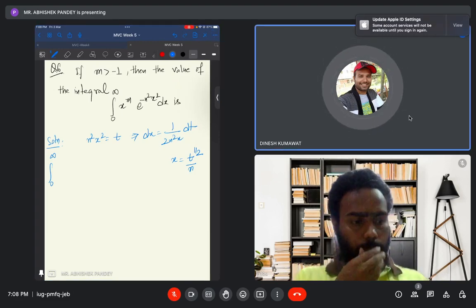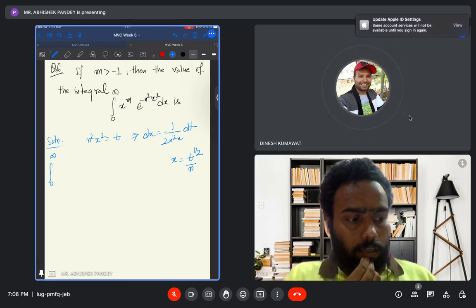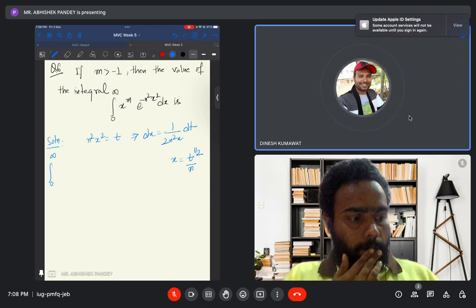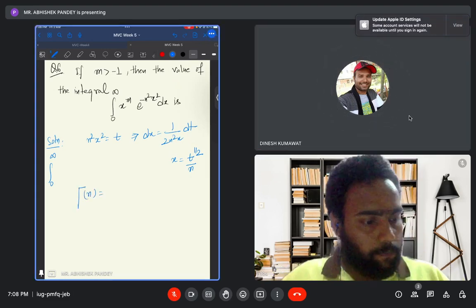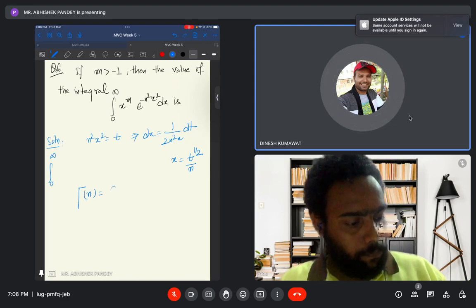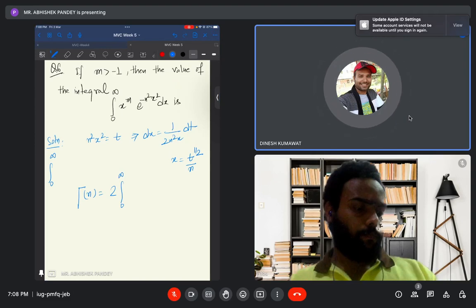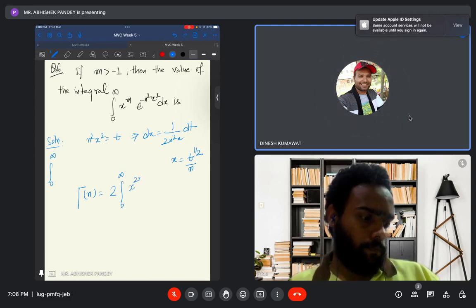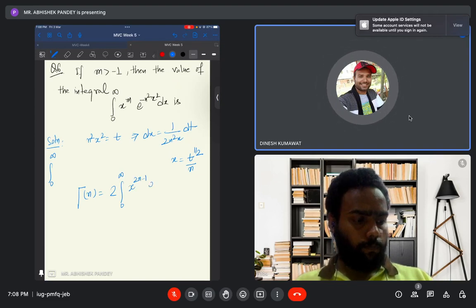So can you write one formula for me here? Gamma n equals 2 times the integral from 0 to infinity of x raised to 2n minus 1 into e to the power minus x square dx.